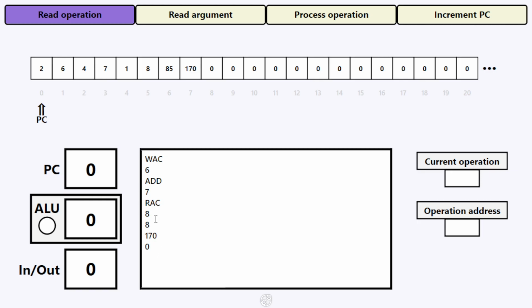So rather than write that out as just 8, 8, 170, 0, I'm gonna add a little new line in here. Separate this block of numbers from this block of instructions. Just a visual indicator helping me to understand that this is separate.